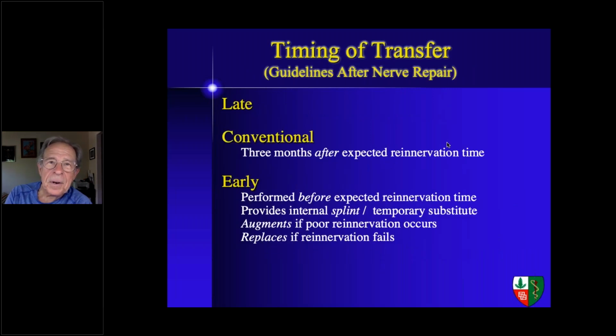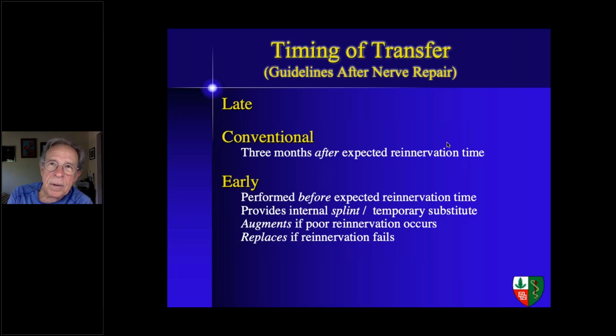We're talking a lot about nerves and nerve injuries and nerve repair. So the guidelines after nerve repair: usually our tendon transfers are performed late after nerve injury and repair. We can consider transfers if we don't see any function in a muscle in the expected reinnervation time.